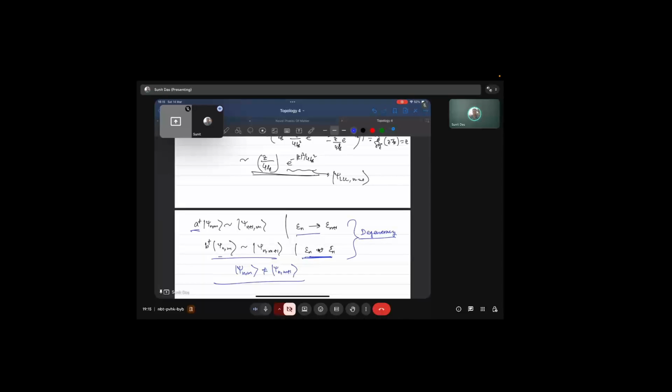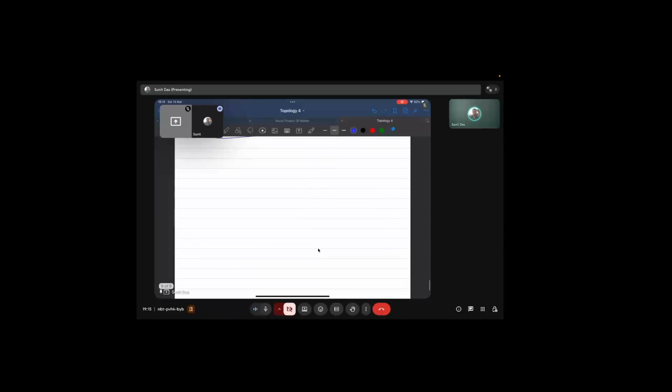So these energy states that we have drawn in the 2D electron gas case, let's say n equal to 0, n equal to 1, n equal to 2, these energy levels, Landau levels, are not really single states, but they have a huge degeneracy in each of these levels.